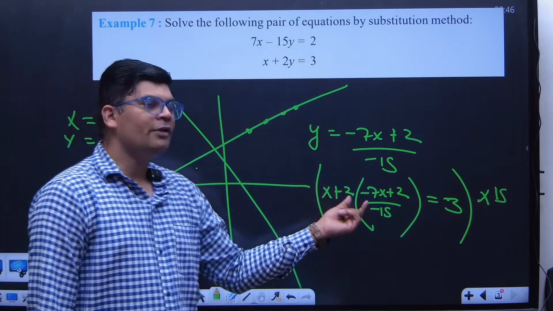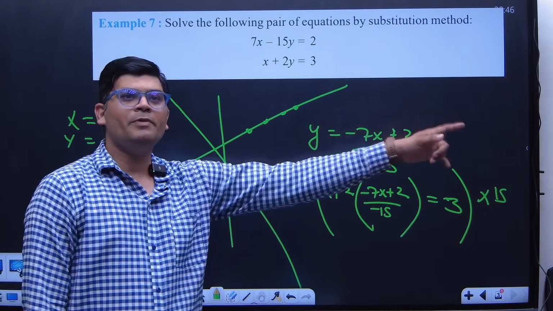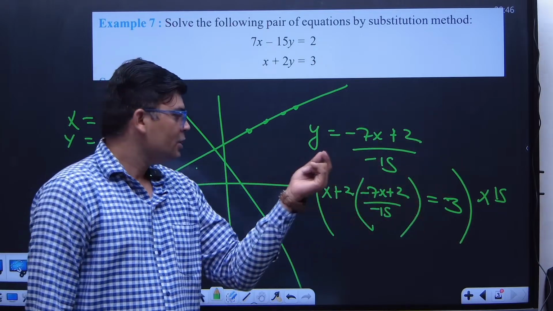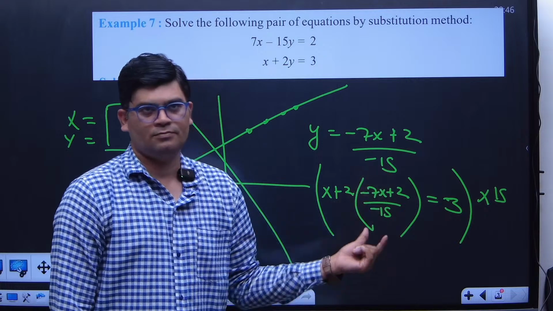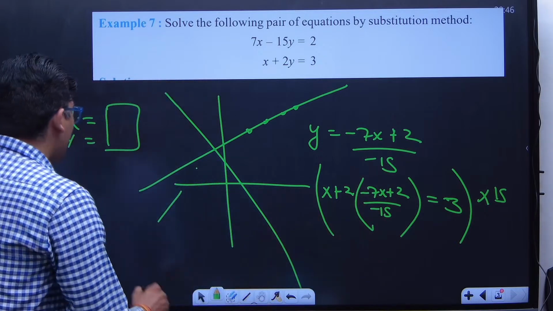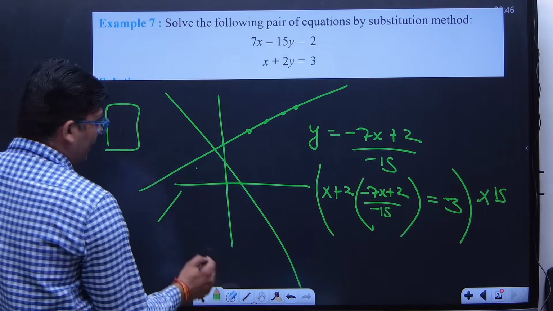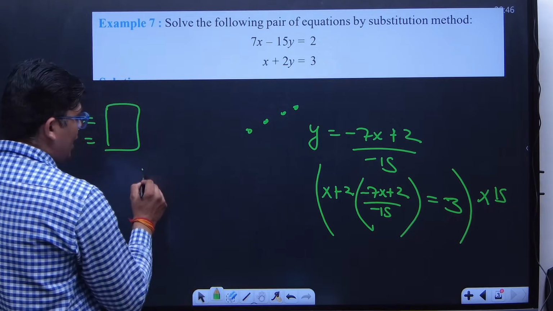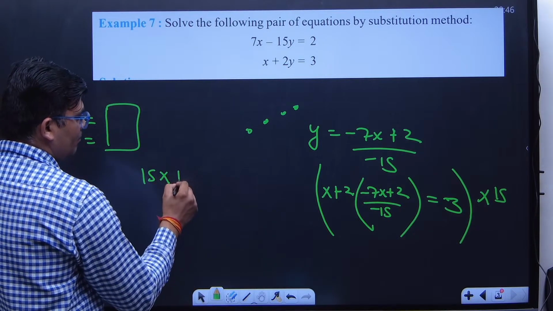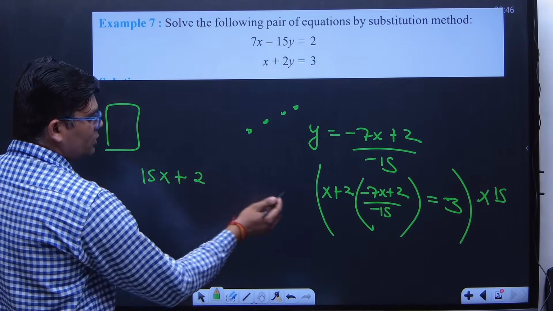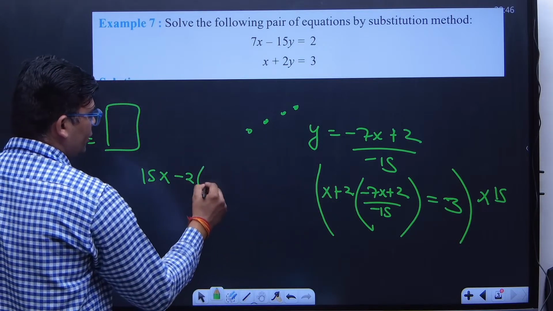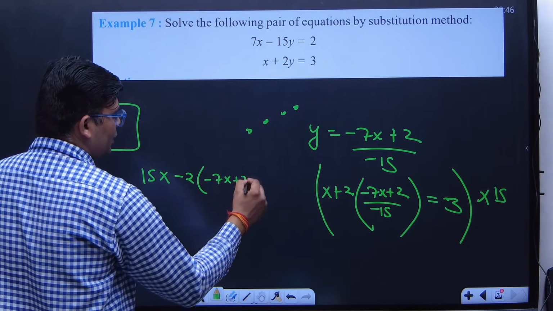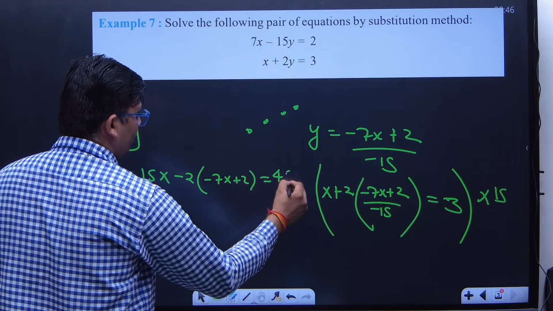Because the denominator 15 is troubling us. If I multiply the whole equation by 15, this 15 will be cancelled. So we will have 15x plus 2 into, this 15 will cancel out, so this will become minus 2 into minus 7x plus 2 is equal to 45.